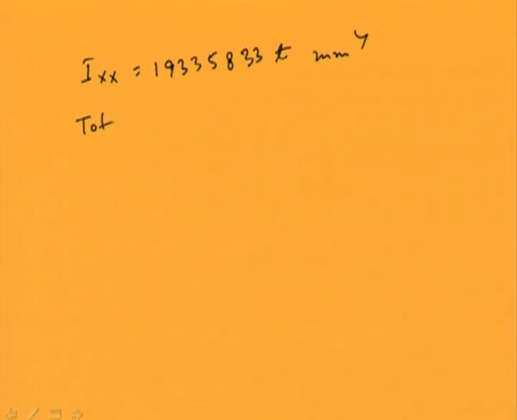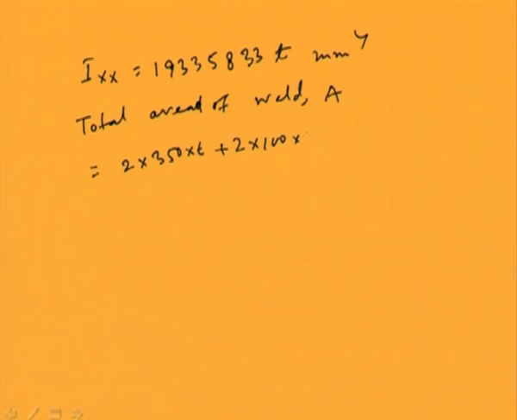Another thing is the total area of weld. A will be equal to, first, 2 into 350 into T, this is the web portion, and then 2 into 100 into T, this is the flange portion, into 2. If I see, this is the flange and this is the web. Here again we are neglecting some portion because the total is 350.